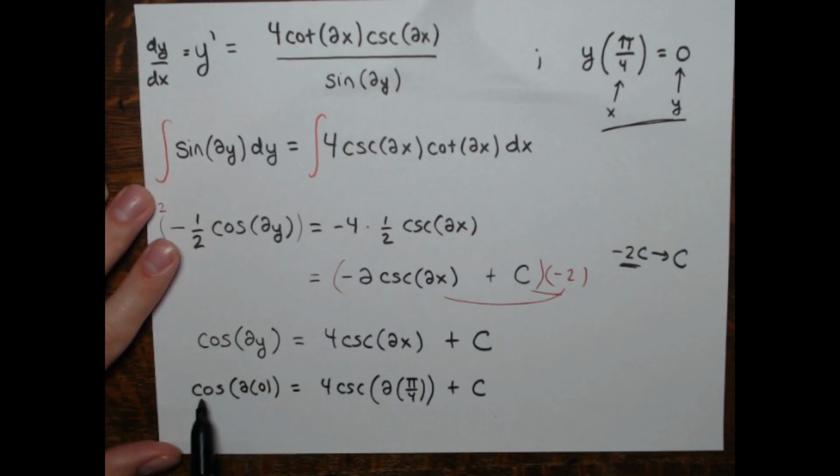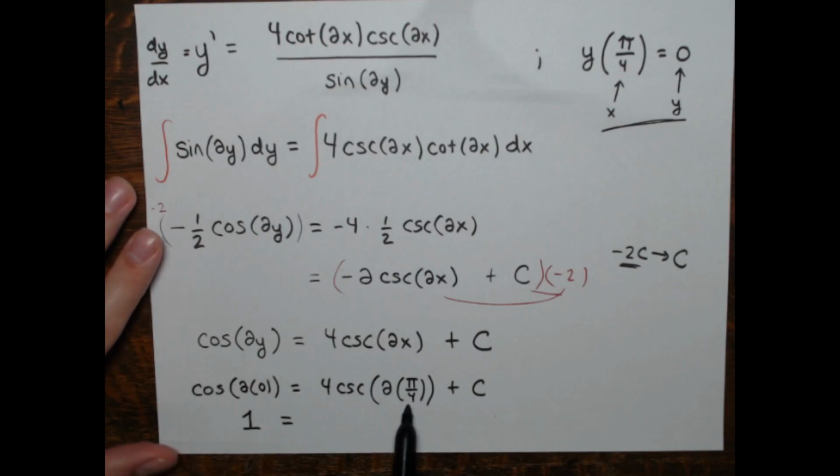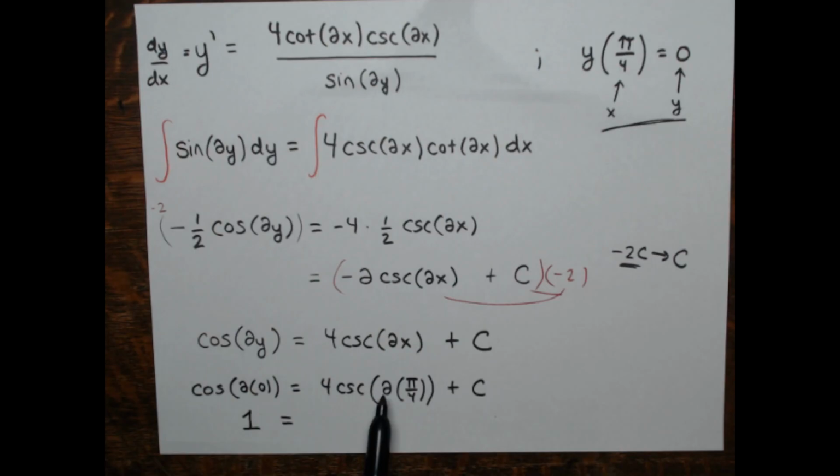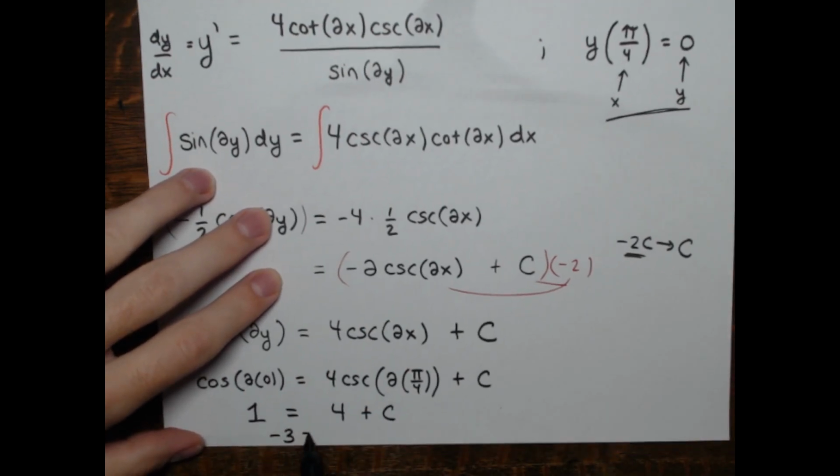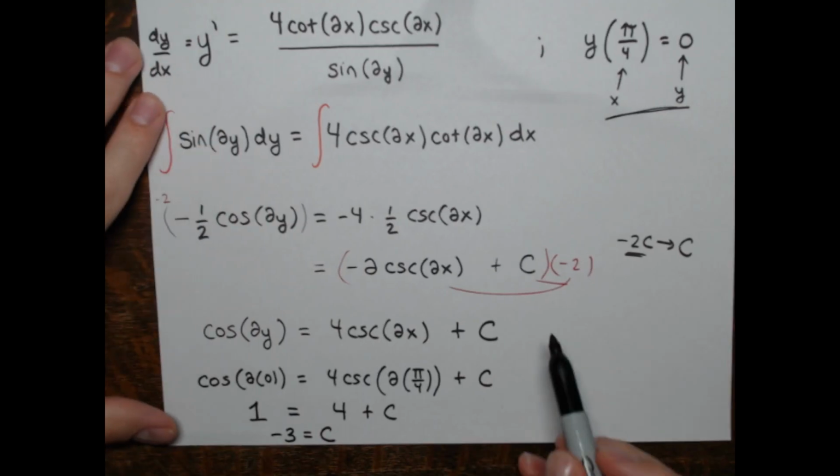Now the left side, we have the cosine of 0. Remember that was 1. Then the cosecant of 2 times pi over 4 is the cosecant of pi over 2. And the sine of pi over 2 is 1, so the cosecant's the reciprocal, that's also 1. So this is 4 times 1, that's 4, plus c. So c is negative 3.